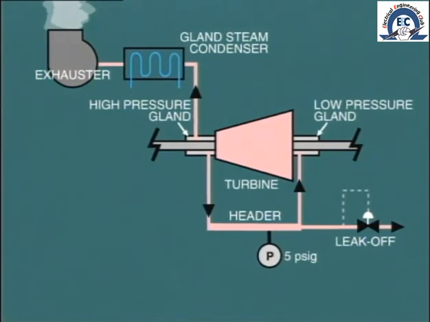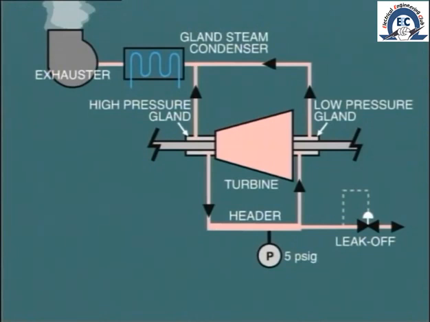This results in a small amount of steam entering the turbine casing, and this is far preferable to air. Of course, some of this will try to pass along the shaft in the opposite direction to atmosphere. But this is captured by the gland steam exhauster in the same manner as for the high-pressure gland seal.